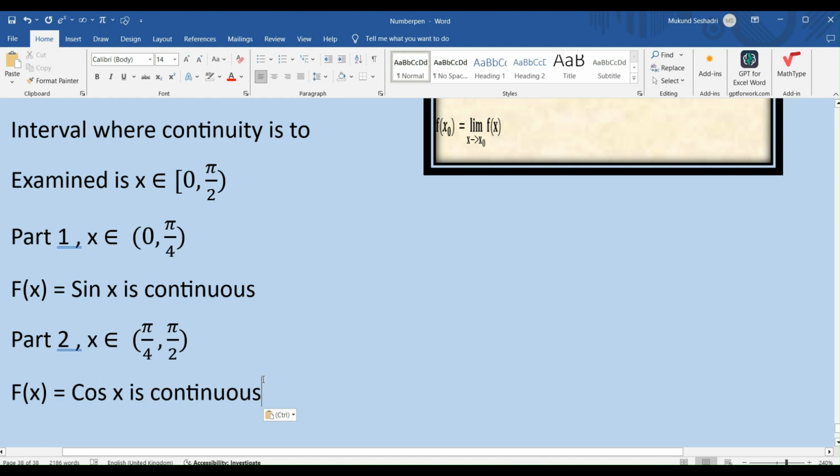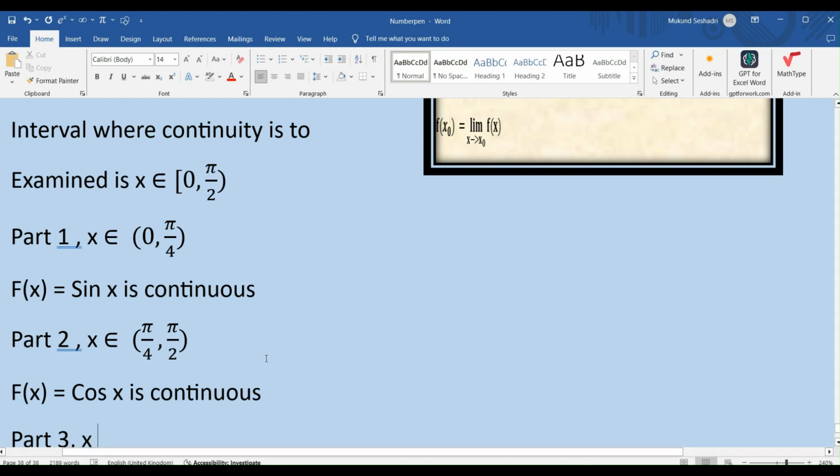So I have established my continuity in the open interval 0 to pi by 4, and then in the open interval pi by 4 to pi by 2. So I have two points left to examine the continuity at. Unlike my previous videos where we had 3 parts, this problem will have 4 parts.